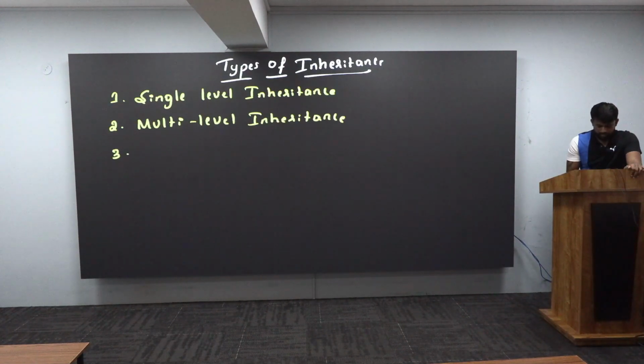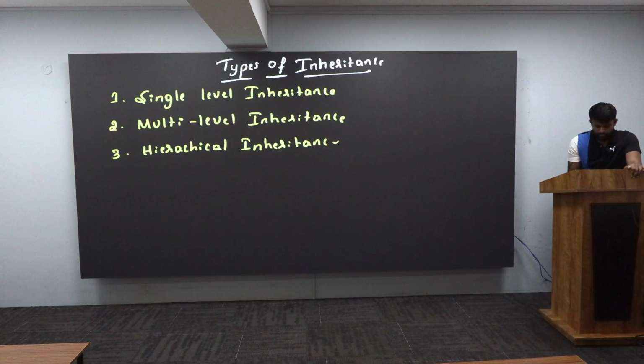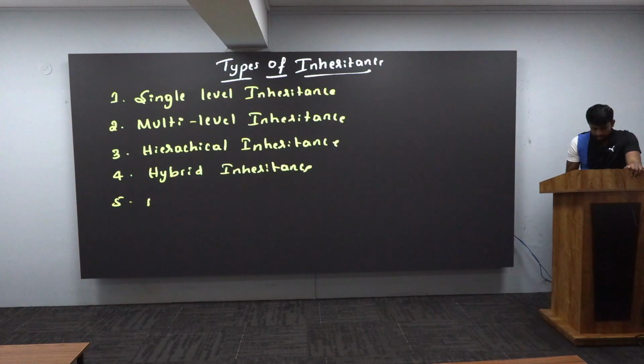The third one we call hierarchical inheritance. Well, there is another one known as hybrid inheritance. In the same way, you have multiple inheritance. It's not multi-level, it's multiple, followed by cyclic inheritance.